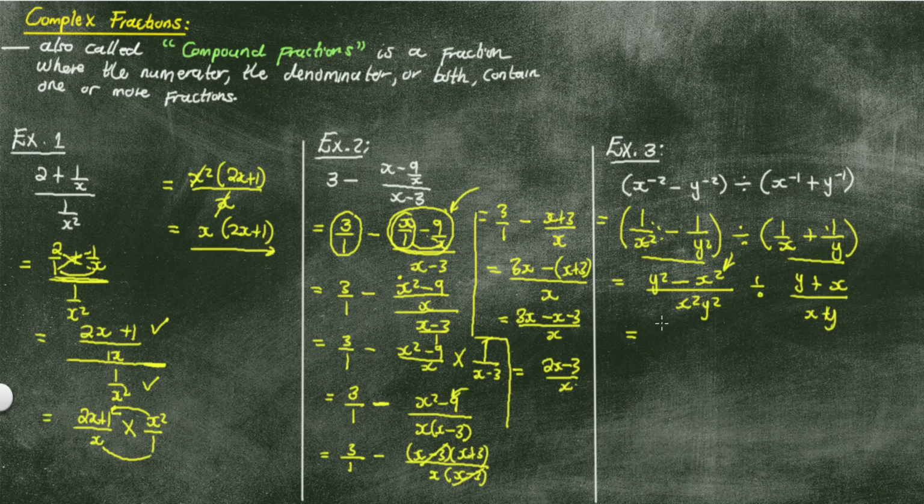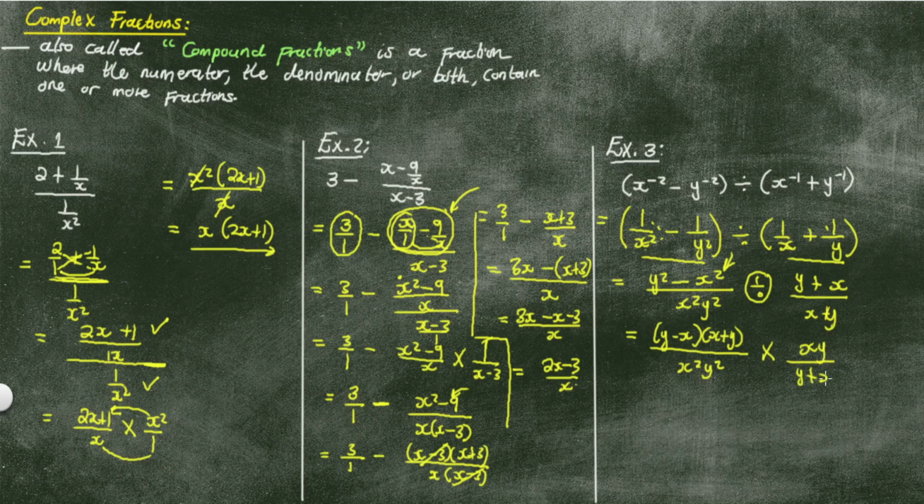We factorize: y minus x, y plus x, divided by x squared y squared, multiplied by, we change the division sign to a what? To a multiplication sign. Then we tip and times the following fraction.